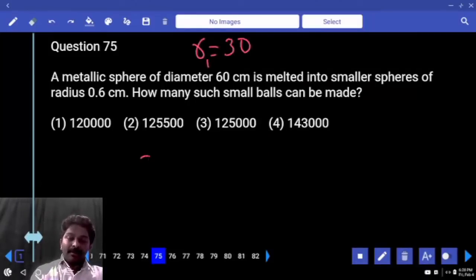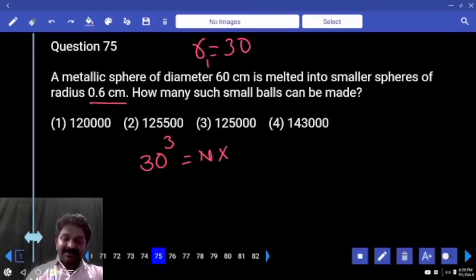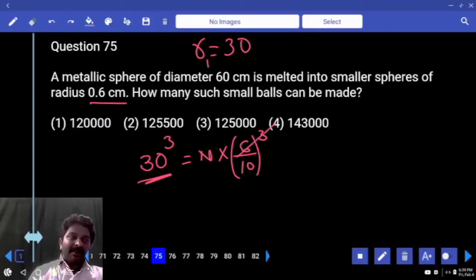So 30 cube is equal to n times of R2 cube. 0.6 centimeters, can I write it as 6 by 10 whole cube? Okay? 30 cube can be written as 5 cube into 6 cube. 6 cube on the right hand side and left hand side gets cancelled, and finally you'll have 5 cube.